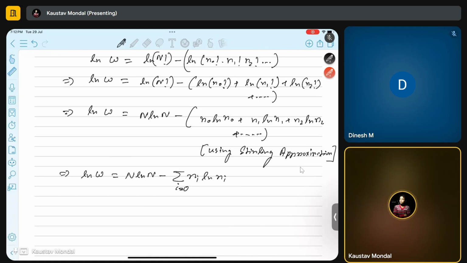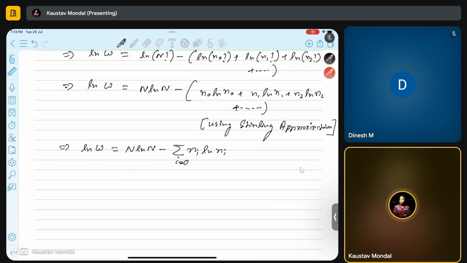In the actual problem, when you deal with a physical problem, the thing you will be tempted to calculate is the most probable distribution, the most probable configuration, right? So how can you do that in this case?